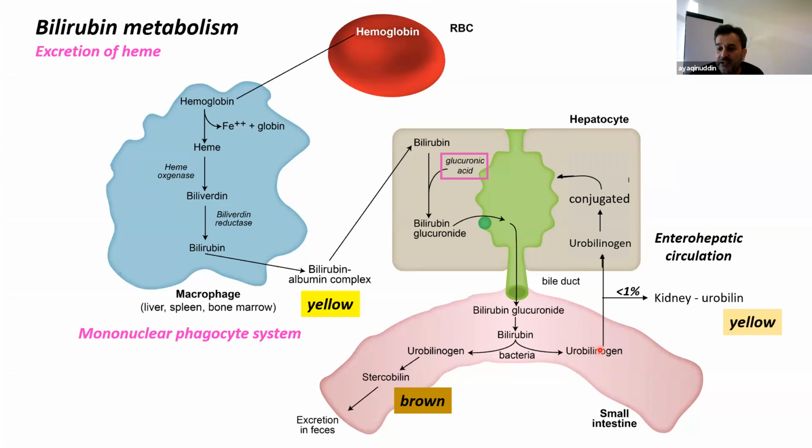Most of this urobilinogen is taken back through the portal system and circulated back to the hepatocytes, where it gets conjugated again and secreted into the bile. Some of this urobilinogen is further oxidized to stercobilin and excreted into the feces, giving the brown color to the feces. Some of the urobilinogen goes to the kidney, gets absorbed, and is oxidized to urobilin, which gives the yellow color to your urine.